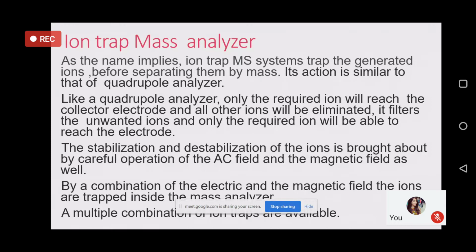So once this happens, it is going to be what you call a peak form. And if you want a repetition, you'll have to again go back to the ion beam, collect the ions, bring them to the ion trap, and again change the conditions so that the ions with that particular m by z will go to the collector electrode.